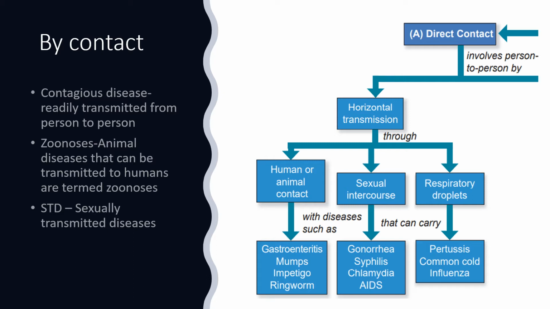The next is through sexual intercourse. The exchange of body fluids such as through sexual contact is another example of direct contact transmission of diseases like gonorrhea and AIDS.